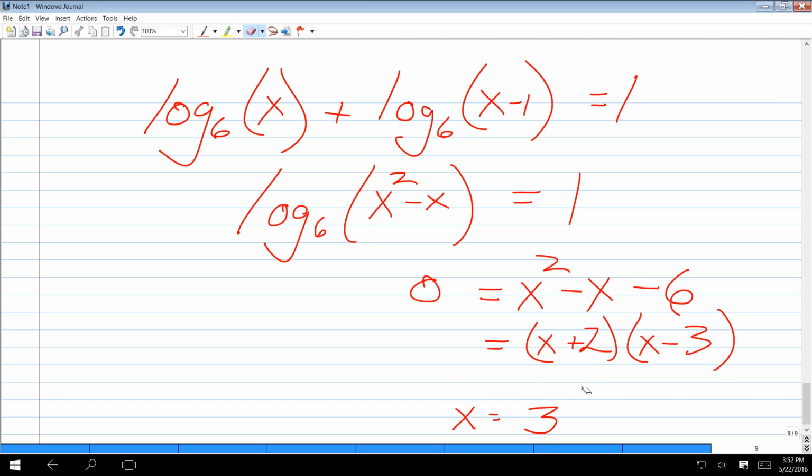Mm-hmm. Could you plug it into the quadratic equation or no? I'm sorry, what? Could you plug it into the quadratic equation? Well, the quadratic equation is used for factoring. That's the only thing you use it for. If I could not have factored that easily, in other words, make this a 5 instead of a 6, now I've got to use the quadratic equation to factor it. And I'll find out which are my positive solutions and which are my negative solutions.